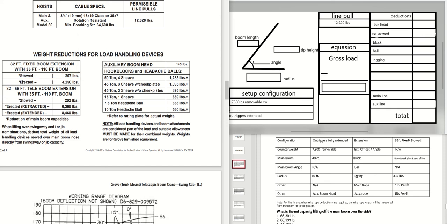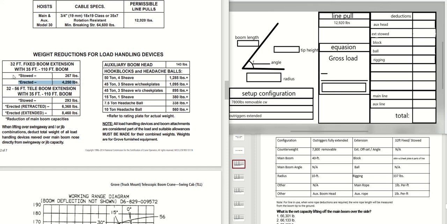Erected, it's attached to the end of the crane, out on the end of the boom. So that effective weight is going to change. It's going to increase the weight on that crane, plus the leverage on that crane is going to increase the weight. And that is not going to be the exact weight of what that jib weighs if you pick it up. That's the effective weight. That's the leverage plus the weight of that jib.